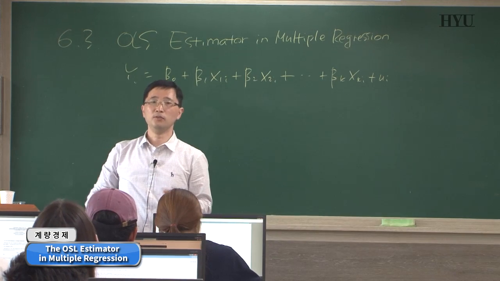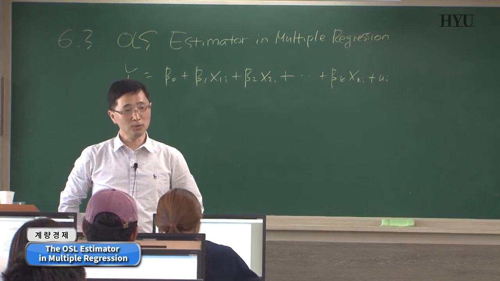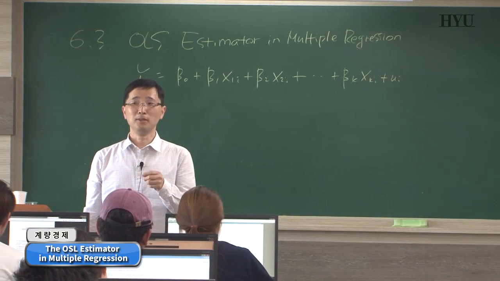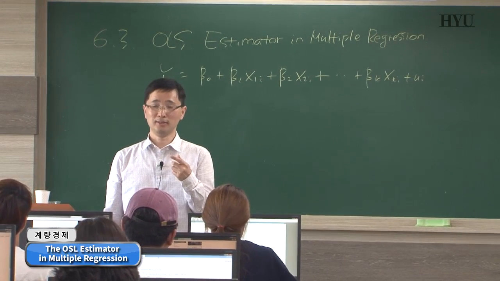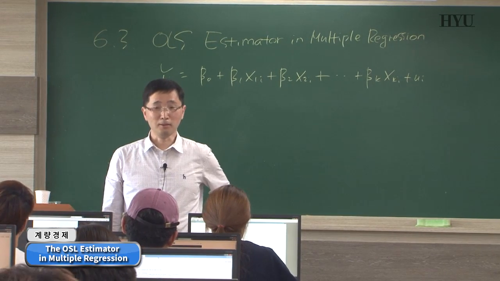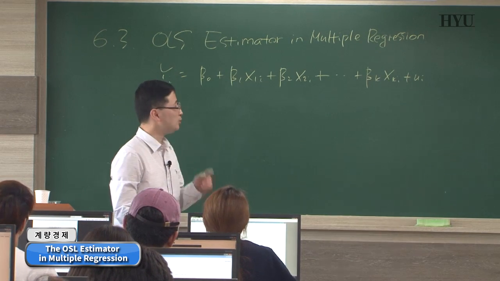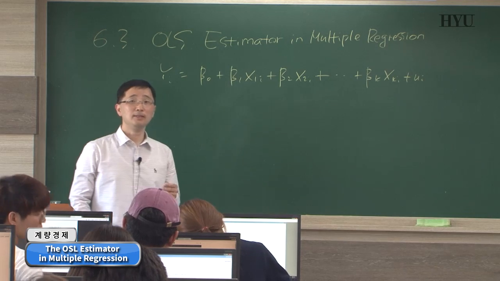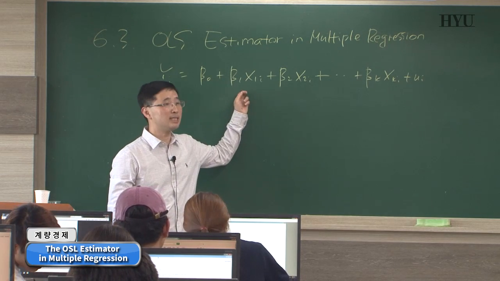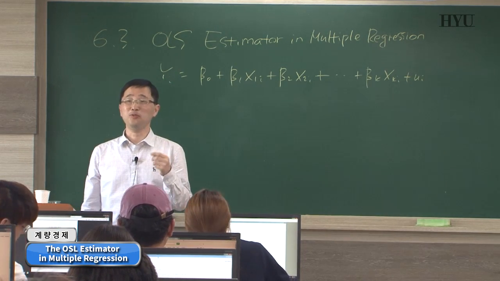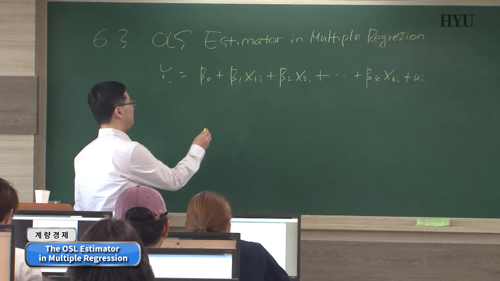So the question is, when you have many independent variables, how do you estimate the slope, how do you calculate your sample regression coefficient? Let me remind you that in a simple regression, when you only have one x, we have a formula.